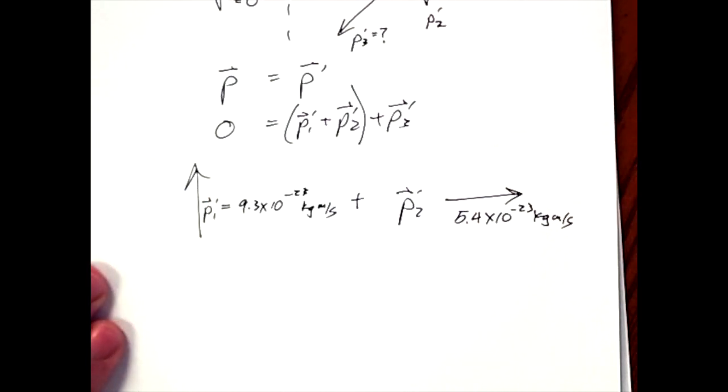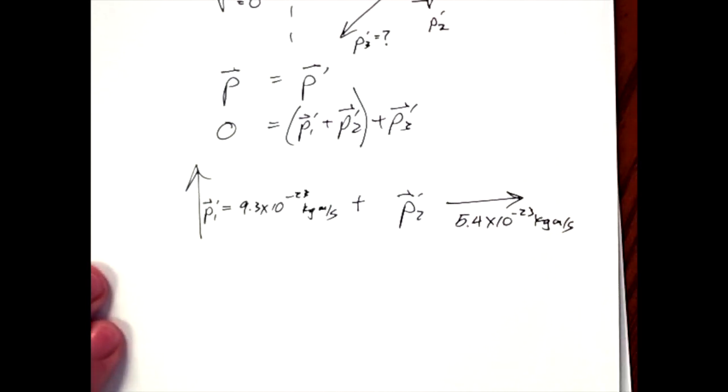How do I add vectors together? We make a triangle.